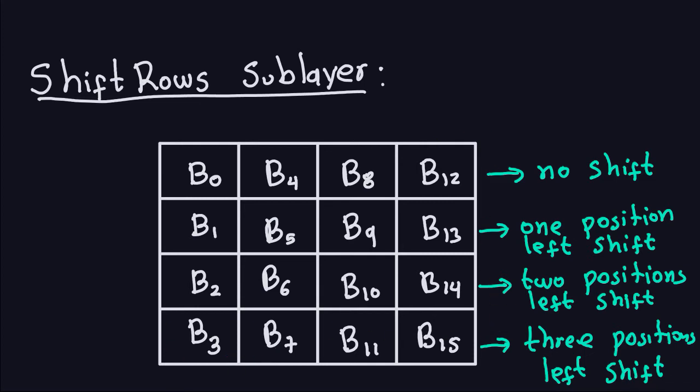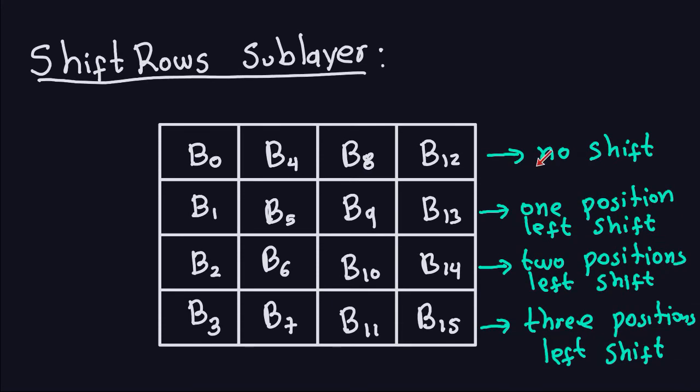Once you put your bytes here, remember that every one of B0 through B15 is a byte. So how are you going to do that? I have some writing already. We're going to shift the rows. The first row is not shifted, which means you're not going to touch this row. It stays the same, B0, B4, B8, B12. Just leave it like that.